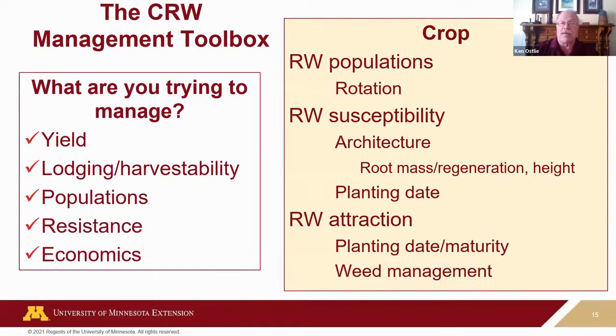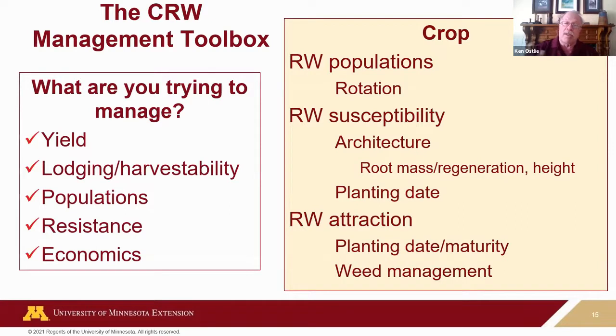And so there are lots of aspects when farmers are managing crop rotation that come into play. We've talked about rotation as being a valuable tool potentially. Other aspects of corn production include the hybrids themselves in terms of their root architecture and ability to tolerate feeding.